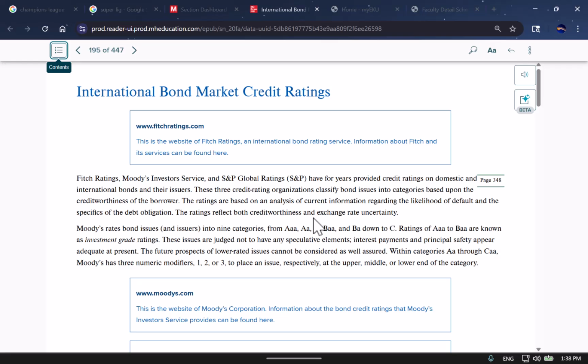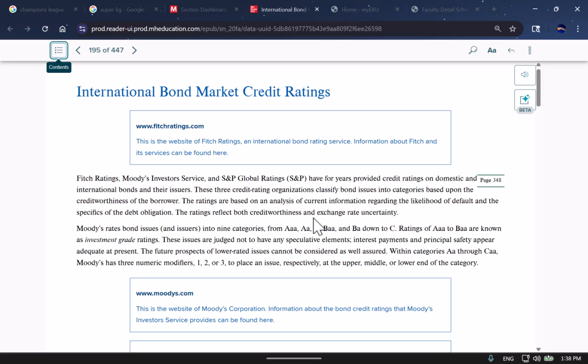If Apple doesn't pay you, you actually have recourse. You go to U.S. bankruptcy courts, and as the collective bondholders, you say these guys have not met their obligations, so you ask the courts to declare bankruptcy, and bankruptcy court has a lot of stages.